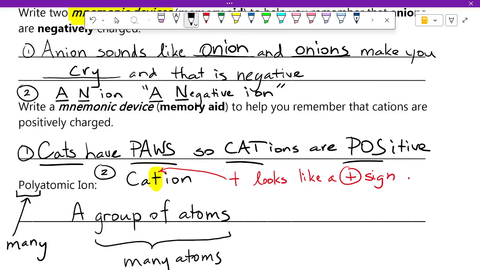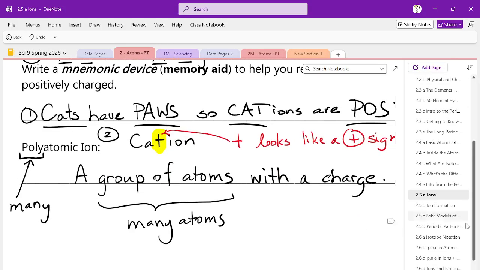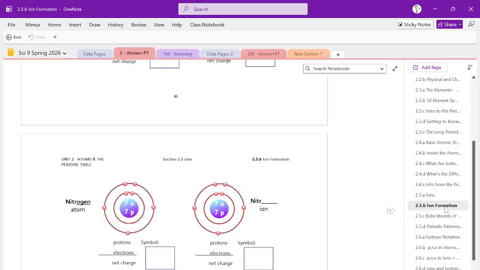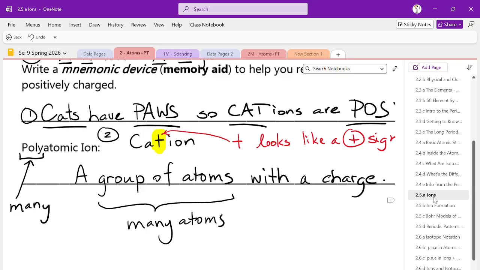What takes care of the ion part? It's a group of atoms with a charge. Okay? All right. Are we good with that?